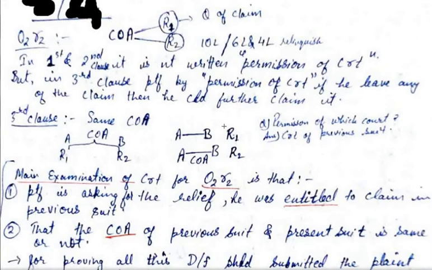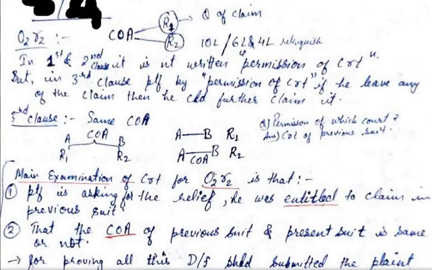He was not entitled to relinquish that relief in the former suit, then that means it was not relinquished. So relinquishment तो तब होगा when he was entitled and he knows that he was entitled and फिर he left the relief. So these two are the most important things which was the burden of proof on the B.